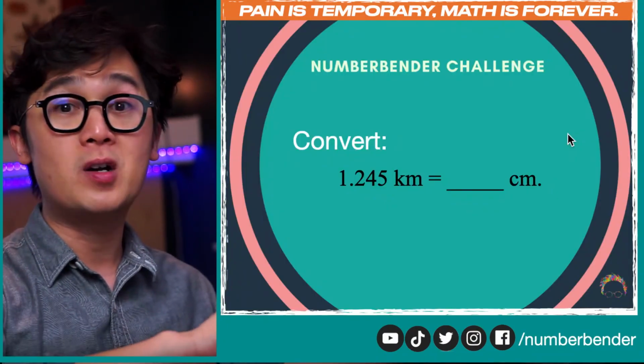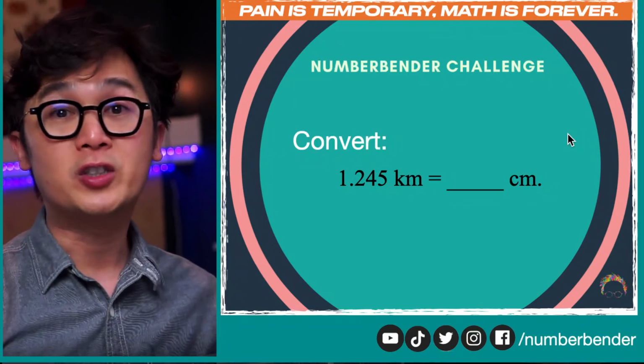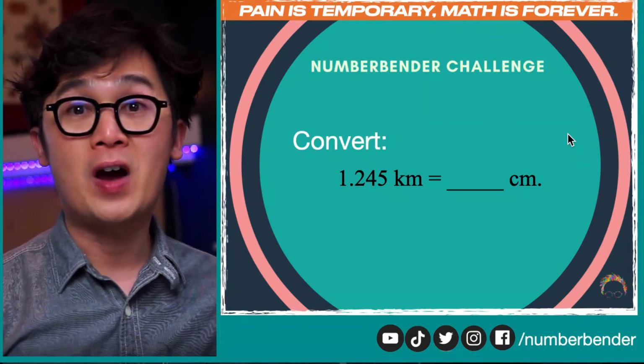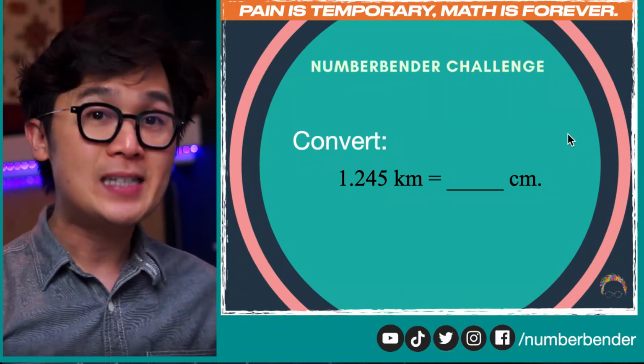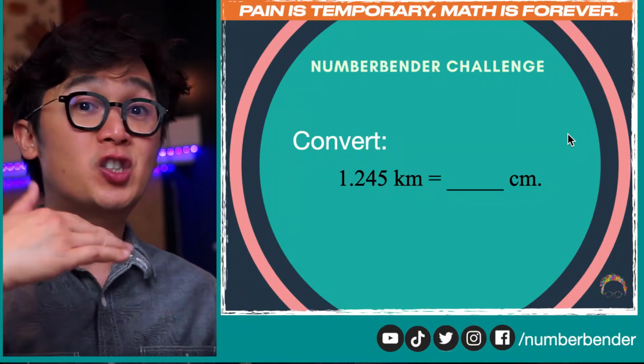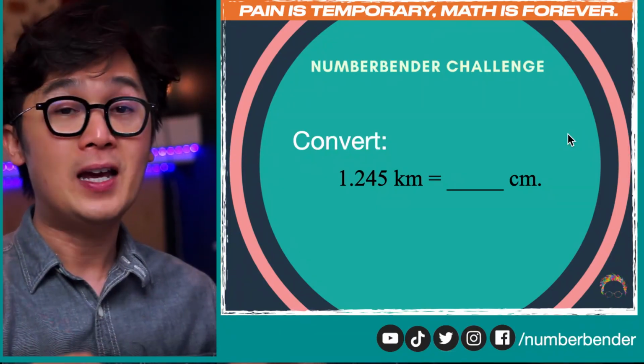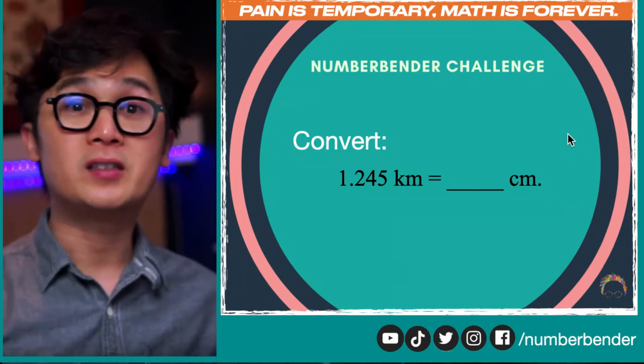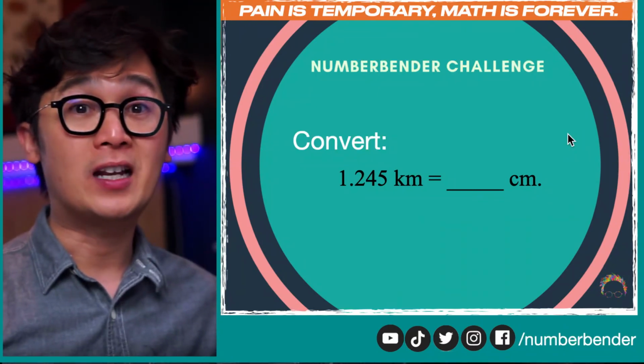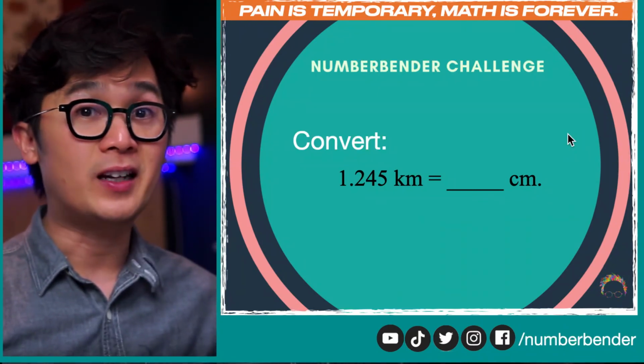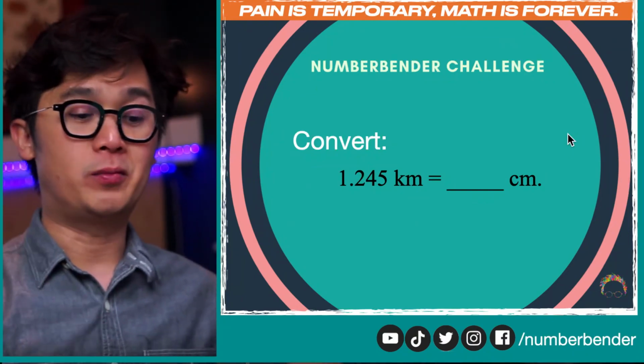For your number bender challenge for today, I want you to convert 1.245 kilometers into centimeters using the cheat sheet that I have shown you in our lesson, and the process on how you're going to multiply that conversion factor correctly using algebra. And that is our lesson for today on the metric system.